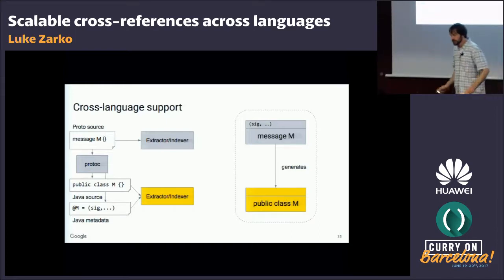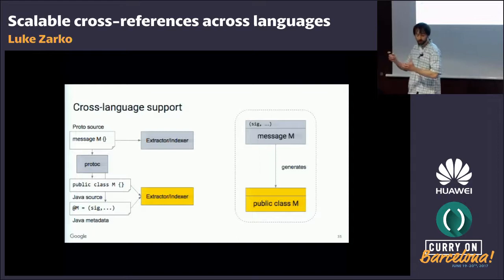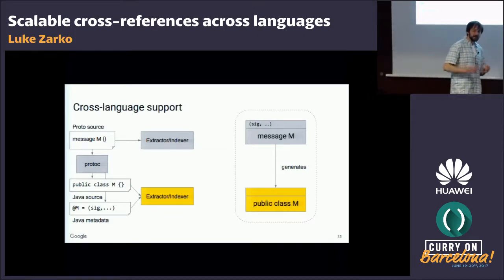So now we can say to users, anytime you see a reference to the protocol buffer message M, or anytime you see a reference to the generated code for M, consider those things to be the same thing. So now users can ask, show me everything that uses this cluster. Or users can ask, show me everything that just uses this node, or just uses this node. Show me everything that I would need to touch to change the definition of message M.